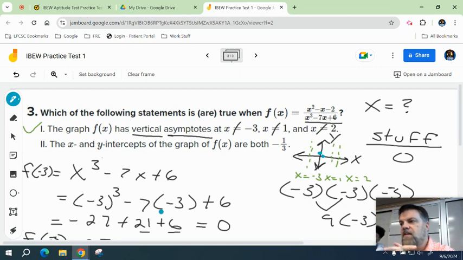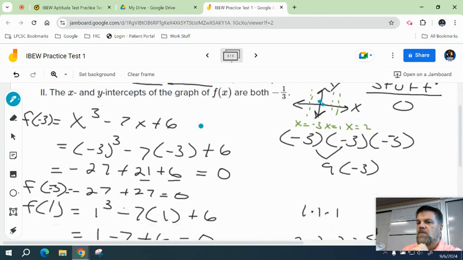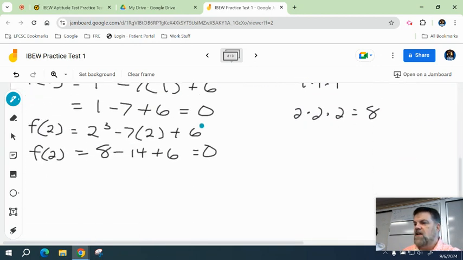Well, the y-intercept occurs when x equals 0, so you just plug in the zeros. We could just do that real quick. So the x and y intercepts, we'll do this in blue.